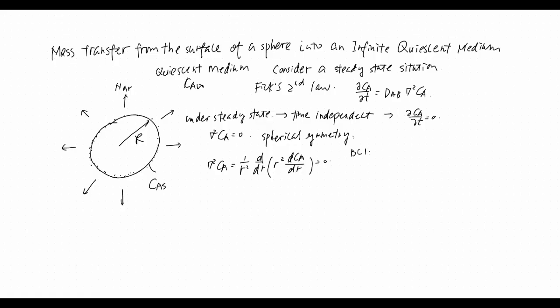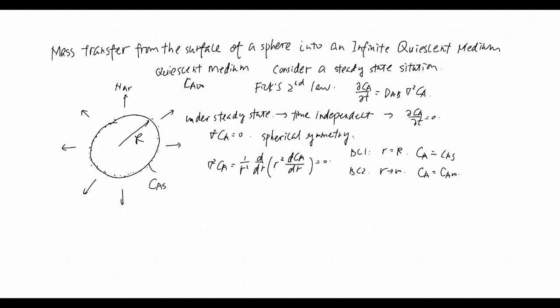Boundary condition one is on the surface at r equal to R, the concentration of the solute in the medium at r equal to capital R is the same as the concentration on the surface. The second boundary condition is, as r approaches infinity, the concentration goes to CA infinite.